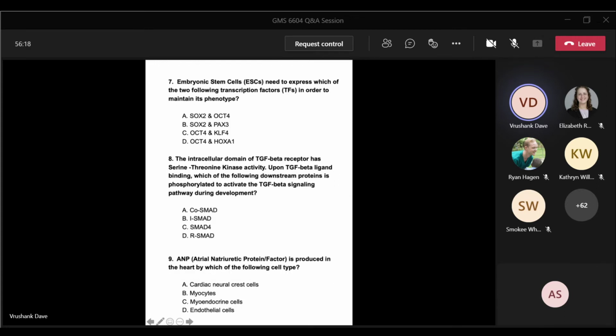Okay, somebody else. Number 7. This is easy. This is all about the exciting stuff about stem cells.